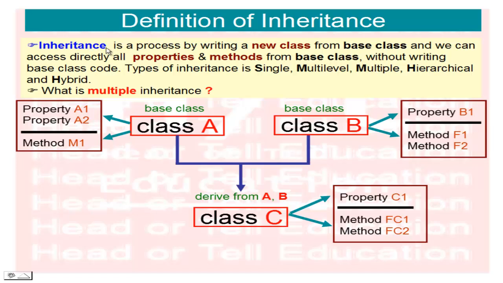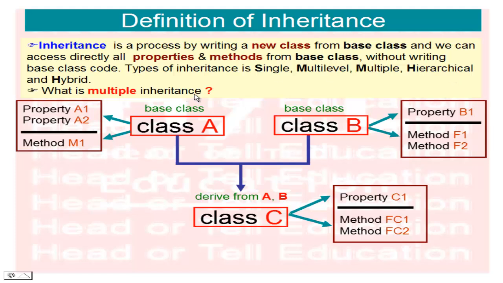Inheritance is a process of writing a new class from a base class, and we can directly access all properties and methods from the base class without writing the base class code. The types of inheritance are single, multi-level, multiple, hierarchical, and hybrid.